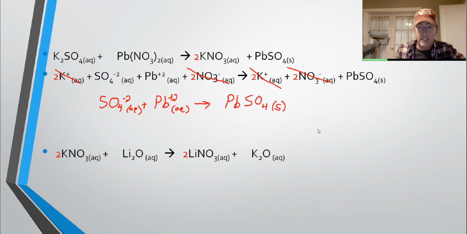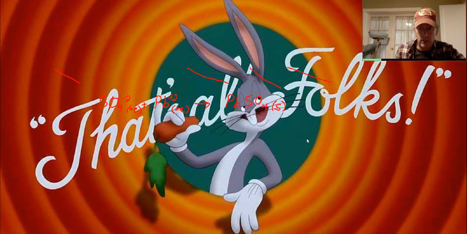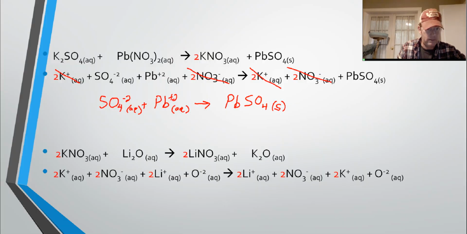So when we have the total ionic equation, again, I'm showing my appropriate number of things. When these 2 molecules break up in water, I'm going to have 2 potassiums and 2 nitrates. And again, when this breaks up, I got 2 lithiums and then the 1 oxygen. So that should correspond with the quantity that they have.